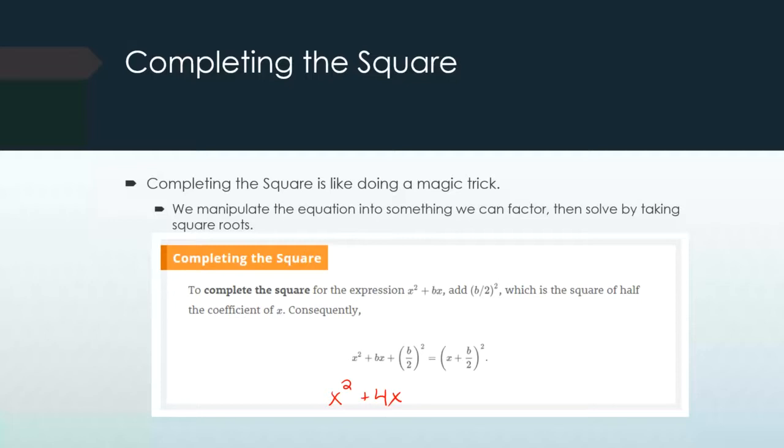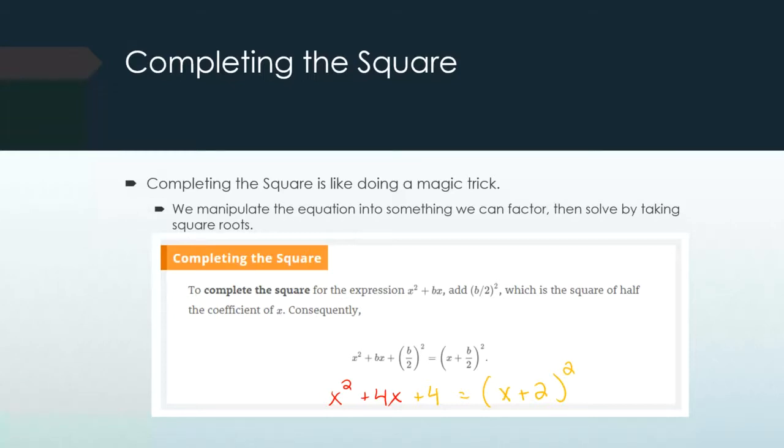So half of 4 is 2, squared, that's 4. And that gives us something that we can factor into a square of a binomial, x plus 2 squared. So we're adding a value to both sides so that we have what we want that we can factor.